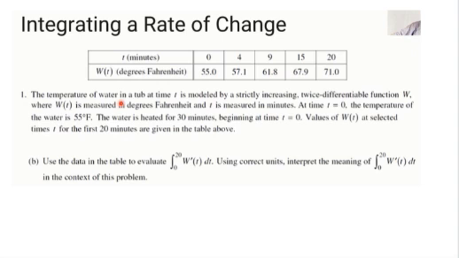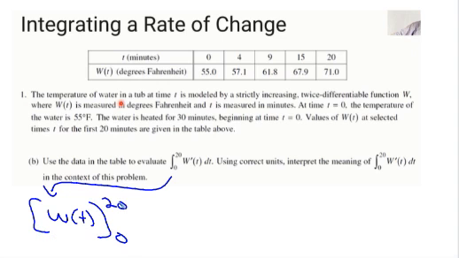So our question is, use the data in the table to evaluate the integral from 0 to 20 of W prime of T dt. Well, this is going to be just the original function evaluated from 0 to 20. That's all that is.